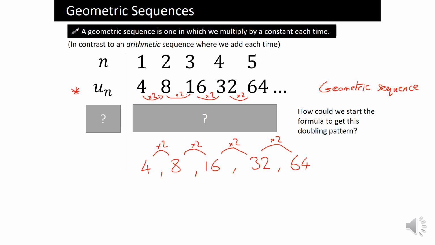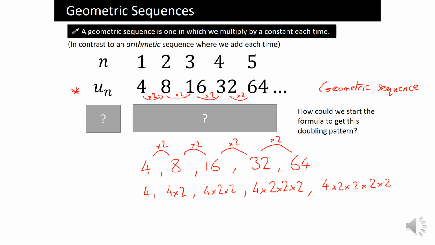So if we've got 4, 8, 16, 32, what we've really got, we're going to write in a slightly different way. We're going to write 4 times 2, 4 times 2 times 2. So each time we're timesing by 2. One more, so 4 times 2 times 2 times 2 times 2.